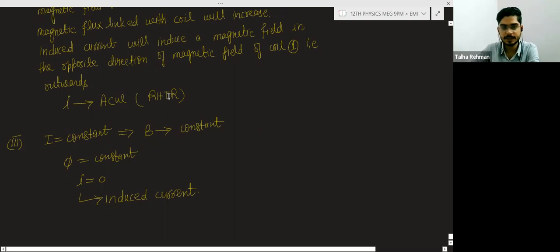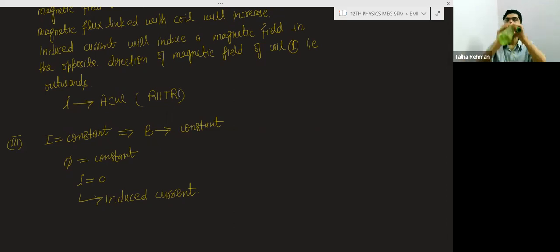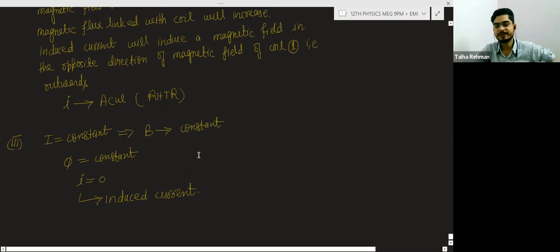This is right hand thumb rule. Current is constant in the third case. So the magnetic field.